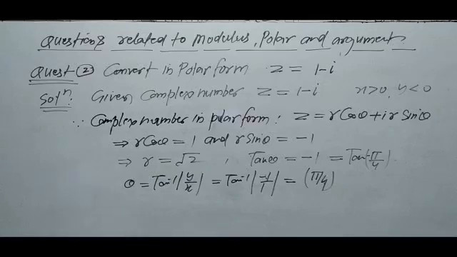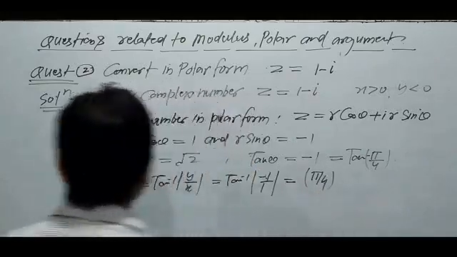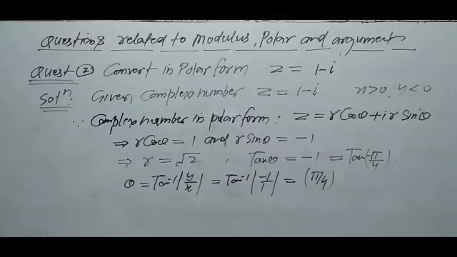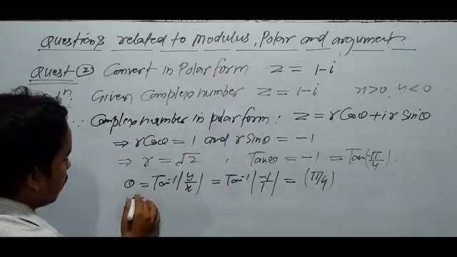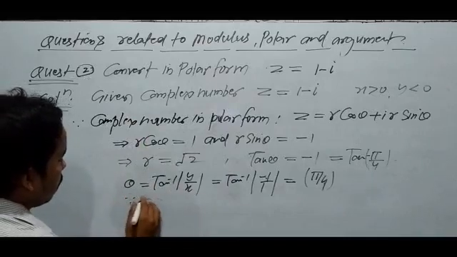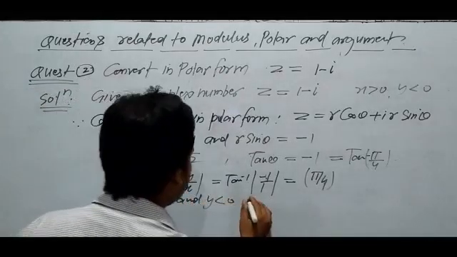Now in polar form, theta is acute, and in the fourth quadrant theta is equal to minus alpha, since x is greater than 0 and y is less than 0.